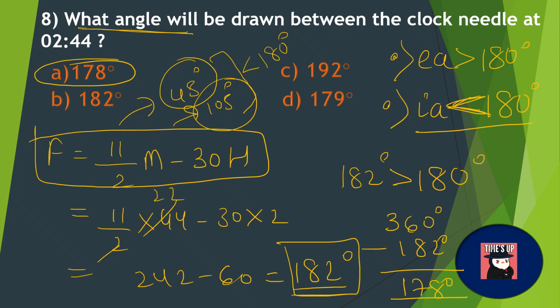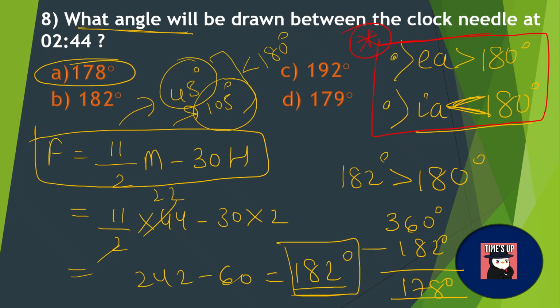Understanding? Remember this, very important. Okay? External angle should be greater than 180 degree, and internal angle or just the angle should be less than 180 degree. Any one you remember, either external angle or internal angle.